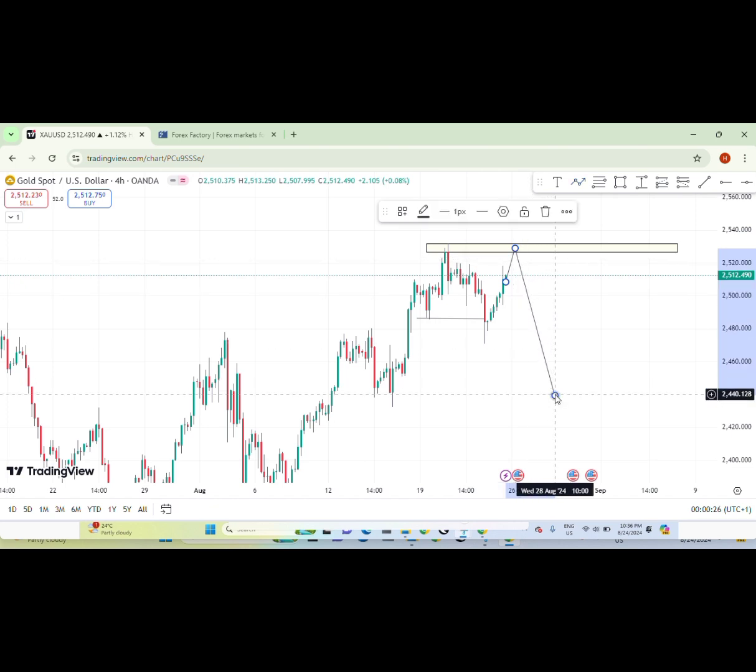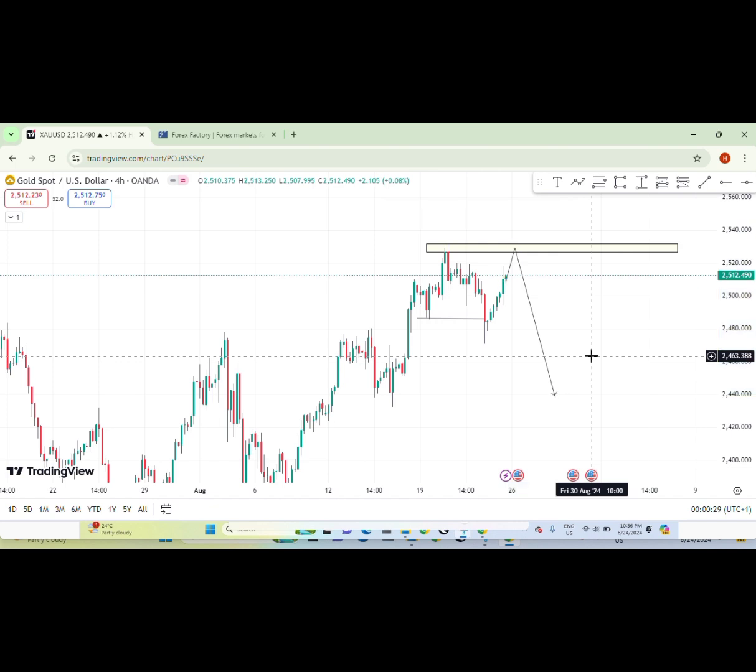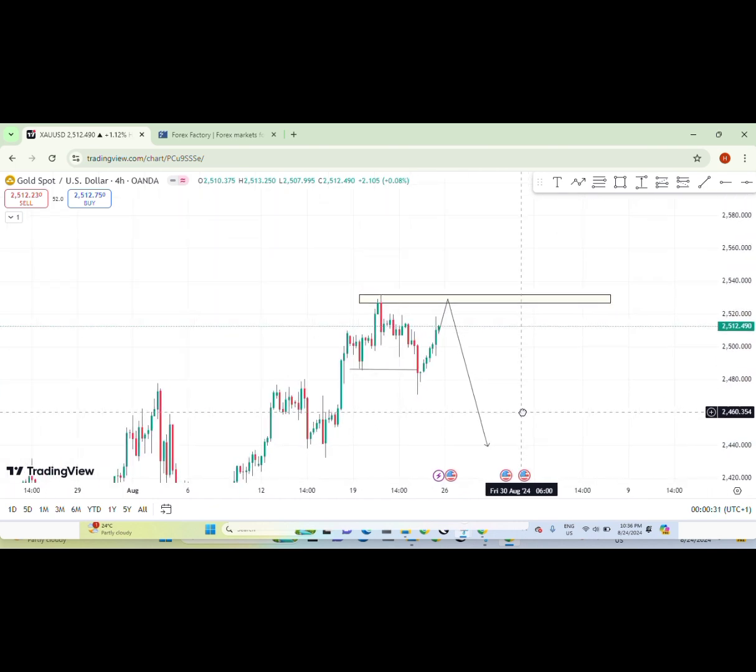So this is a very simple one on gold. I know some of you will still be thinking about buying opportunities in the market. So for me, in my opinion, I'll be looking for buying opportunities for gold if gold breaks this particular structure here. So when gold breaks this structure here, then meaning that I'm in an uptrend now.